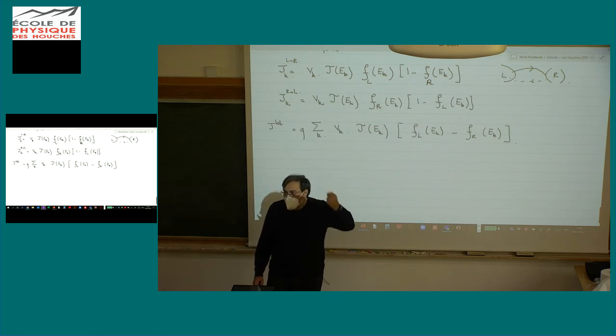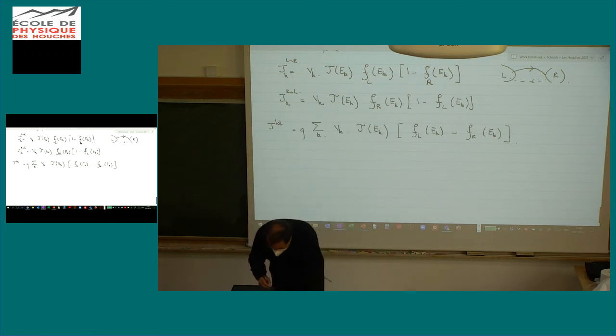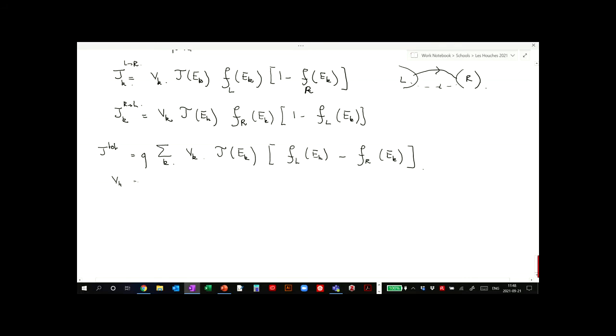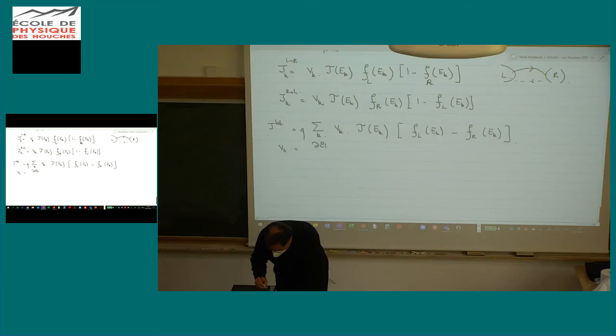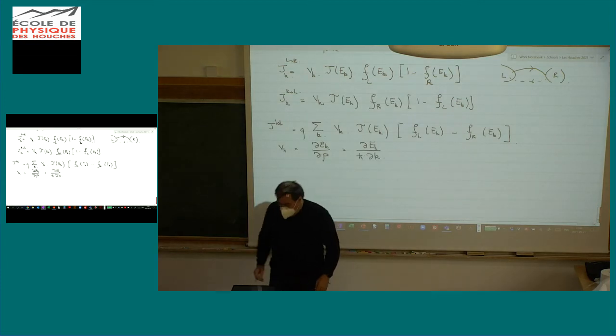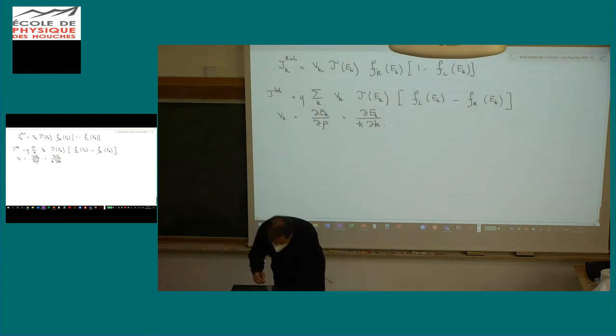It's dE/dp. So velocity v_k is the derivative of the energy, epsilon_k, with respect to the momentum. So this is d of epsilon_k, if you want, times h bar times dk. Okay? So I will use this.